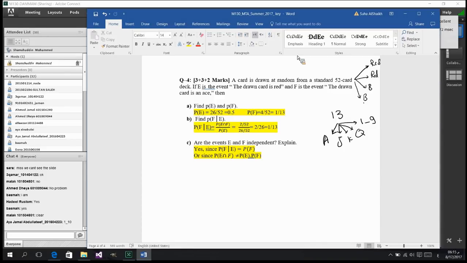Event E: the drawn card is red. Event F: the drawn card is an ace. The overall space, don't forget, is 52, so capital N is 52. Do we have cards from 1 to 10 or from 1 to 9?